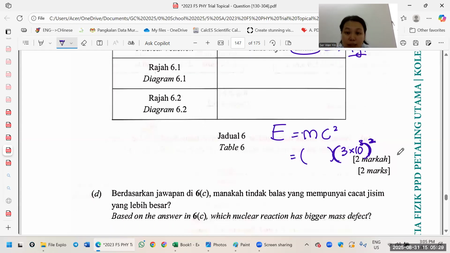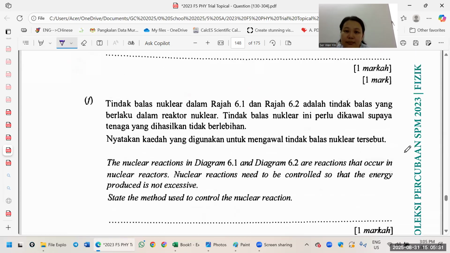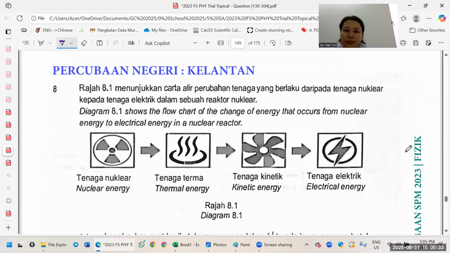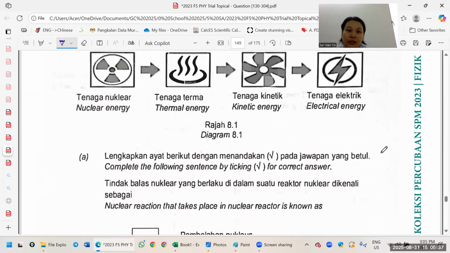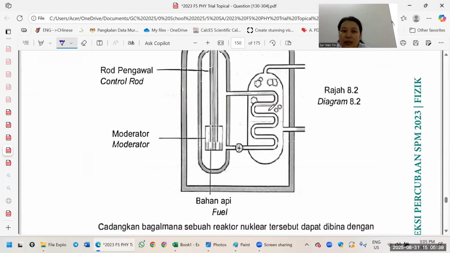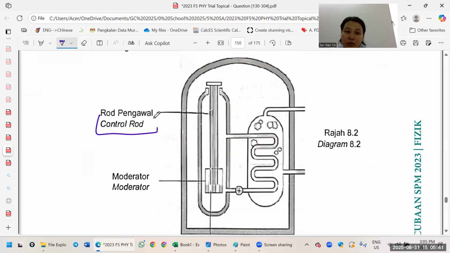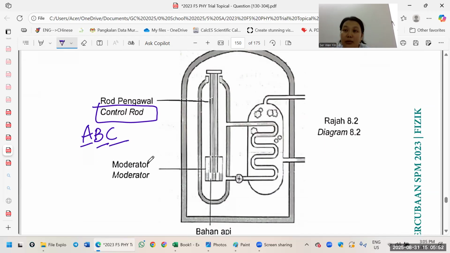Okay, you also. Then you must memorize all of this. This one, control rod. A, B, C: absorb excess neutrons, boron, cadmium. Check back your textbook.